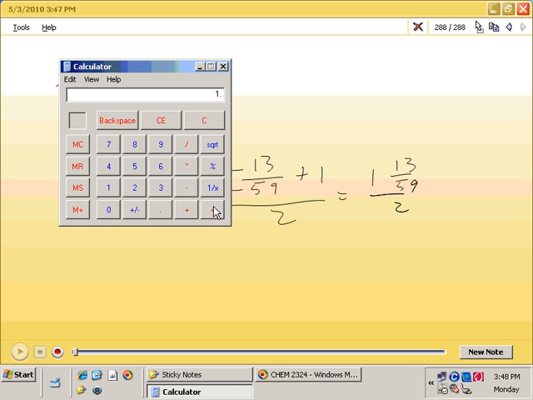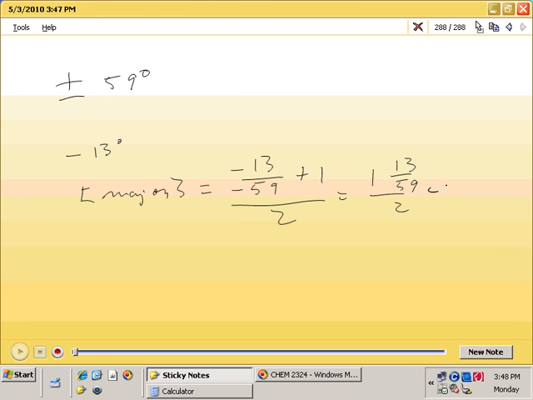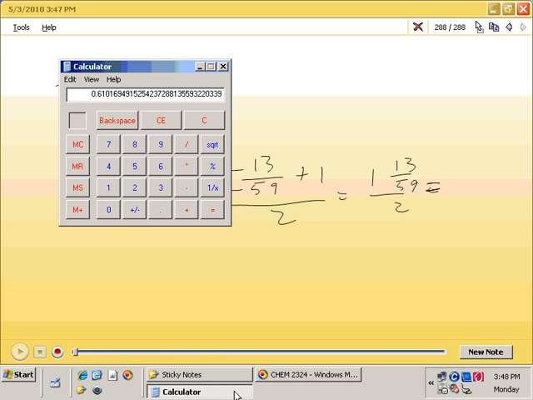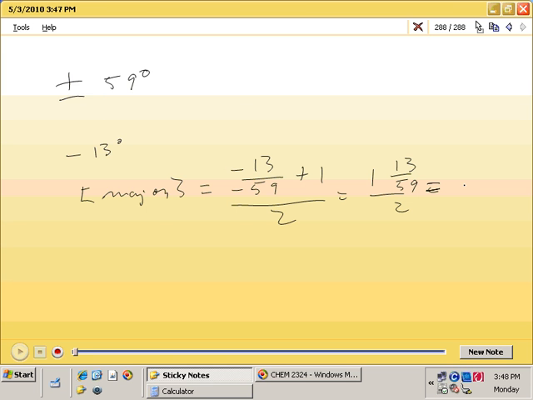That's the numerator. And now we're going to divide through by 2. What we get from this is that the overall concentration of the major enantiomer is 61%. Now let's do the back calculation to see if this is true.